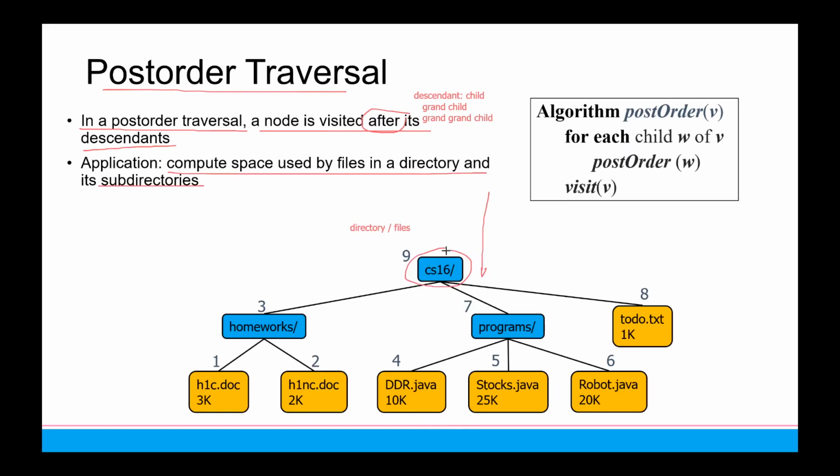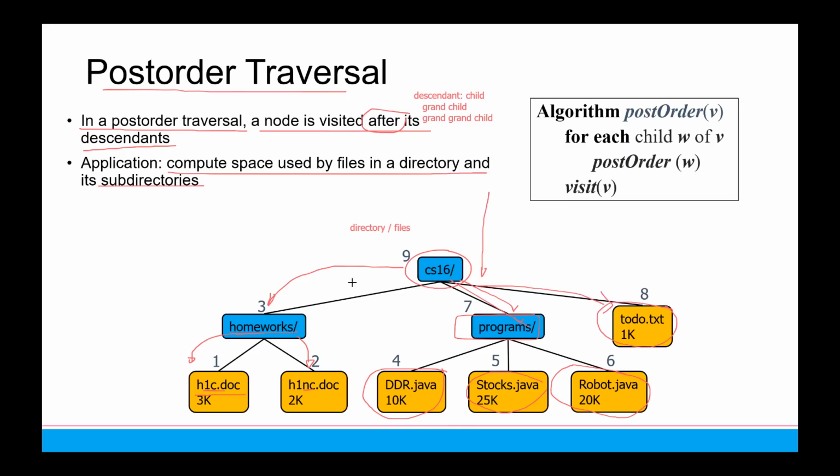There is a folder, CS16, for example, and then another folder, homework, and another folder, programs. In the homework folder you have files: homework 1 with no comment, and homework 1 with comment. And in the programs folder you have these files, and this is just a file for text.